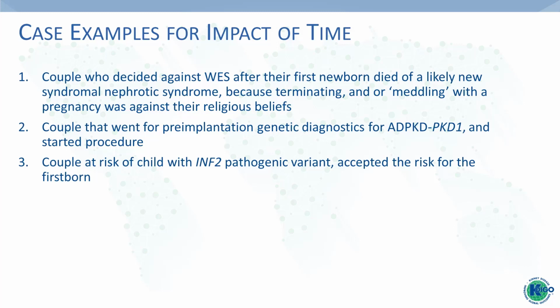So they didn't have a child and weren't pregnant. Then they conceived naturally, but really they came to us requesting prenatal diagnostics, which we sometimes do in the Netherlands for PKD1, but not often. It's also not requested very often.